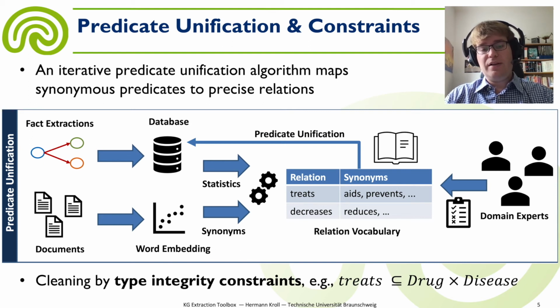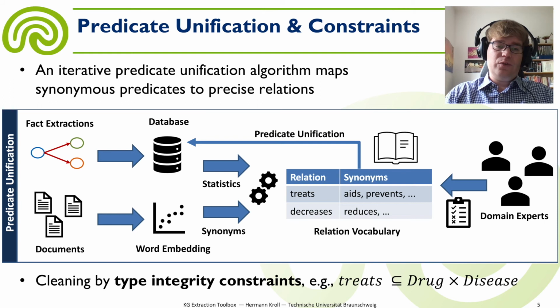So for example, if there's a statement which talks about the predicate cure, and cure does not appear in the relation vocabulary, then the word embedding will be used to find the closest match, in this case maybe treats, and then cure will automatically be mapped to treats as well. This is our algorithm. You can repeat the iteration steps, and you can control the relation vocabulary which is built.